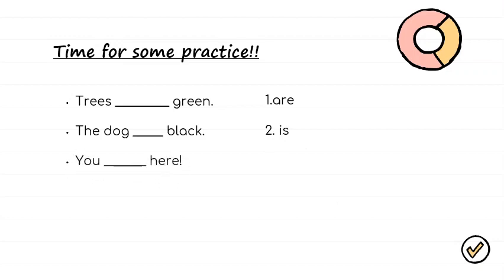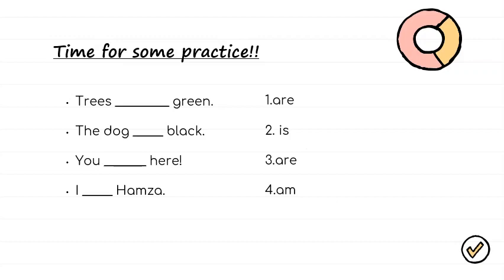Let's read this sentence. You here. Remember, what do we use with you? Are. So you are here. I, Hamza. Remember, I is the friend of am.